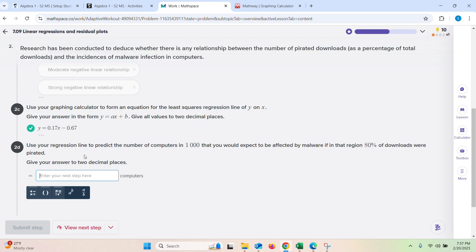Okay, then for this question, use your regression line to predict the number of computers in a thousand that you would expect to be affected by malware. Let's pay attention, they give us two numbers here. What you're going to do is plug one of these numbers into this equation and find it. So predict the number of computers in a thousand.